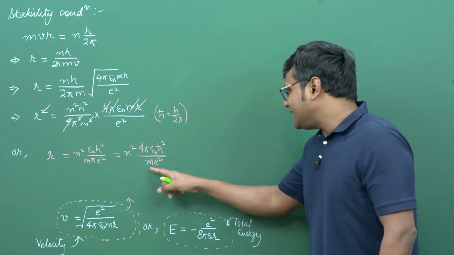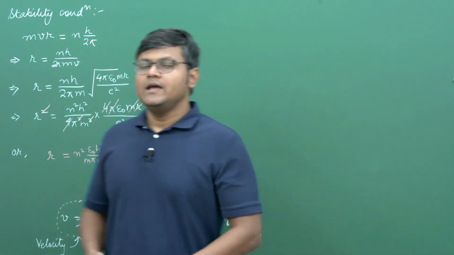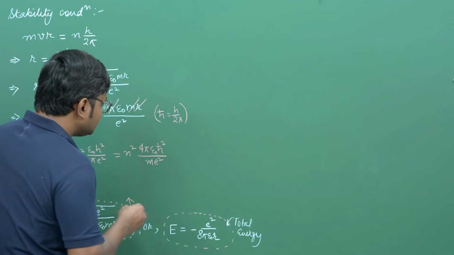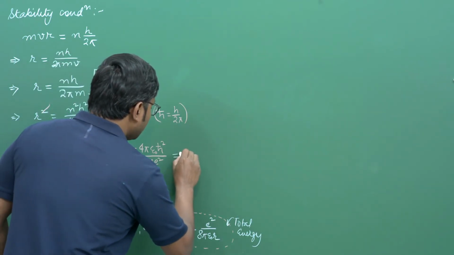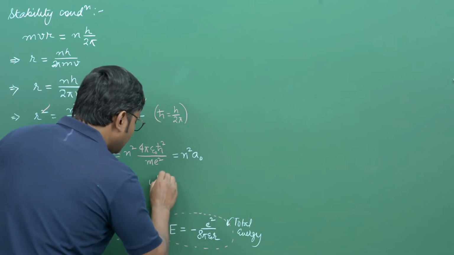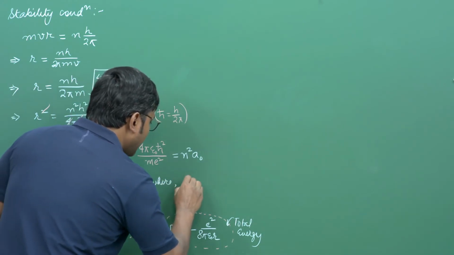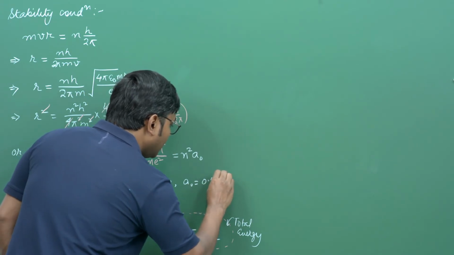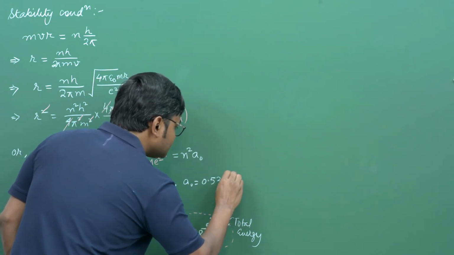Here 4π, ε₀, ħ, m, e are all constants, and I can find out the value of these constants. If I say that this constant is equal to a₀, this comes out to be r = n²a₀, where the constant has a value of 0.53 angstrom.